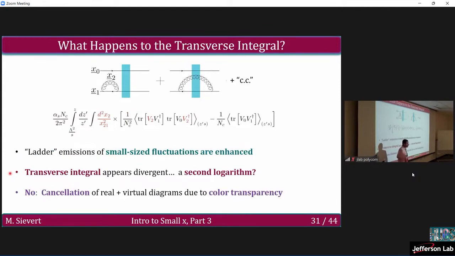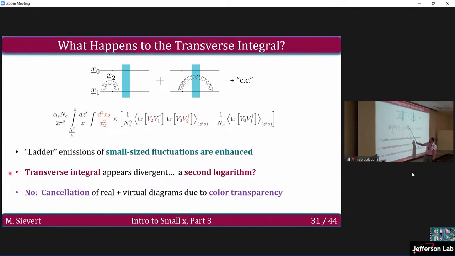But a miracle happens. That miracle is color transparency. The region where this thing starts to become logarithmic is when that distance x21 goes to 0. But if x21 goes to 0, then this is a teeny tiny fluctuation, and that gluon is sitting practically right on top of the quark that birthed it.